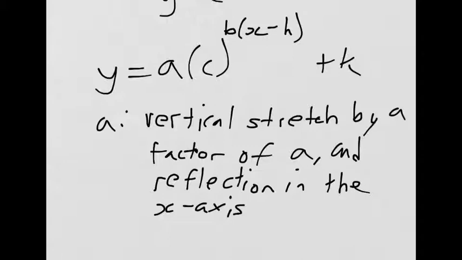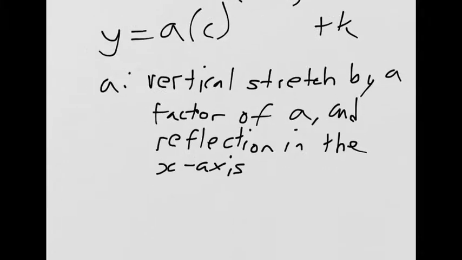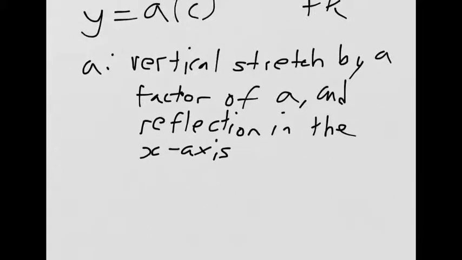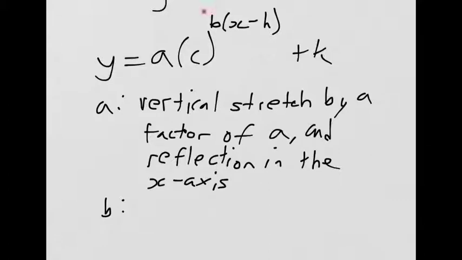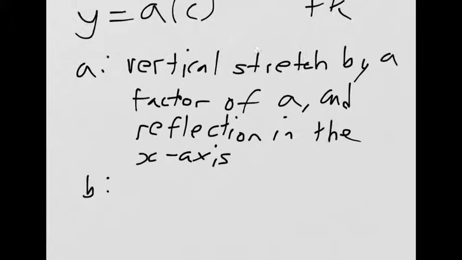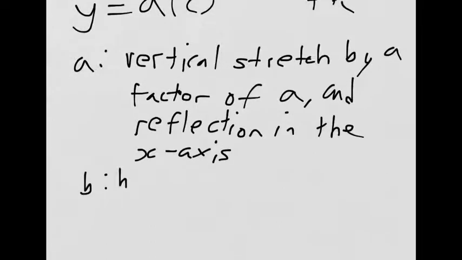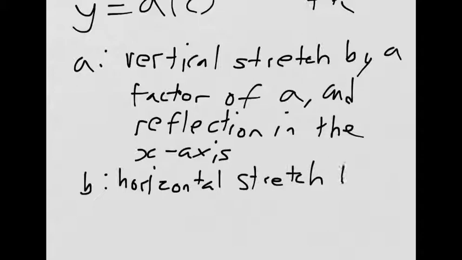So okay, small little b there would be the horizontal stretch. This little b up here is the horizontal stretch. And that's also by a factor of 1 over the absolute value of b.